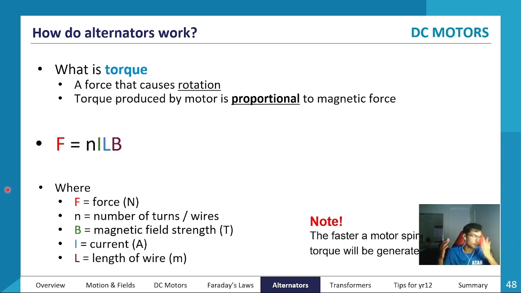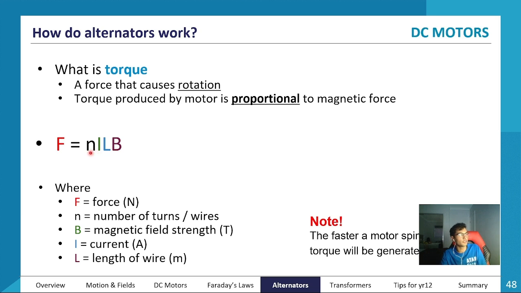To do this, we want to maximize the amount of force. If you remember from the previous equation, force is equal to N times ILB, which gives us the force on a coil. If we want to maximize the torque, we want to maximize how much force is being acted on the coil. And to do this, there's one of 4 things we can do.